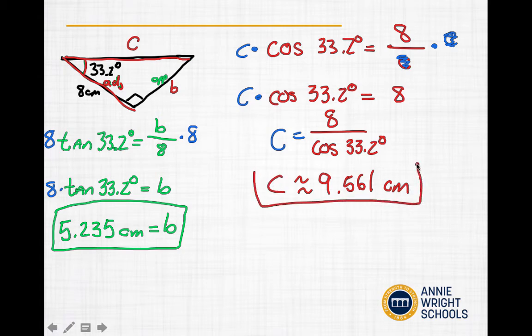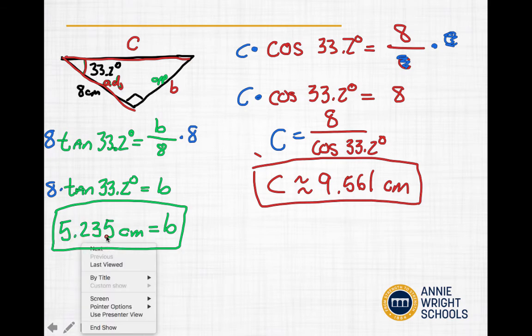The last thing I do is a mental check. The largest side of the triangle, the hypotenuse, is the largest number I calculated. The smallest side opposite the smallest angle is 5.235. The one thing I haven't done here is I have not calculated the angle that's missing.